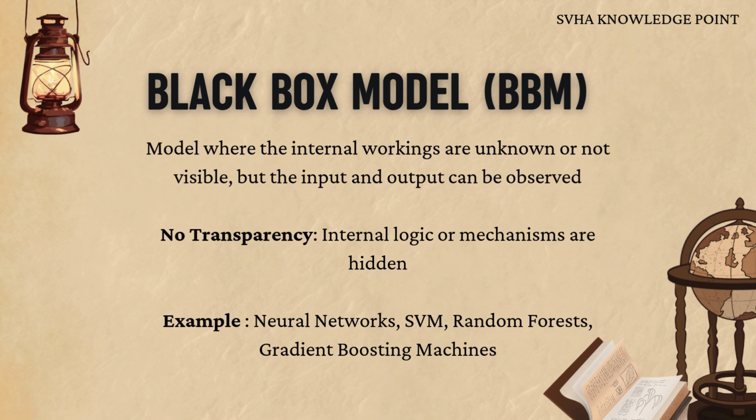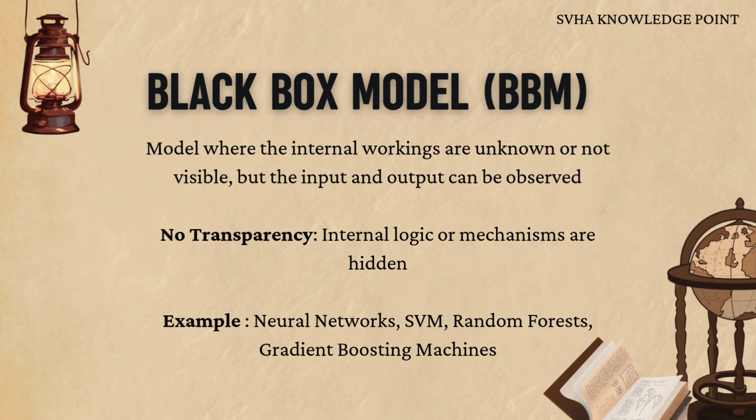Examples of black box models are neural networks. The multiple layers of computations and weights make their internal logic complex and hard to interpret. SVM, support vector machines, use hyperplanes to separate data, but high dimensional transformations can make the interpretation difficult.